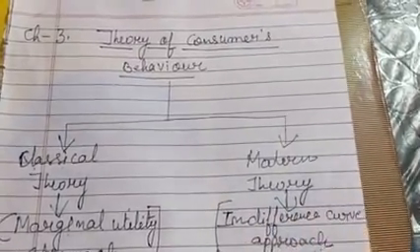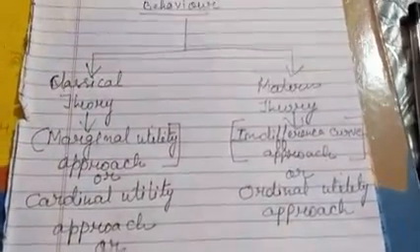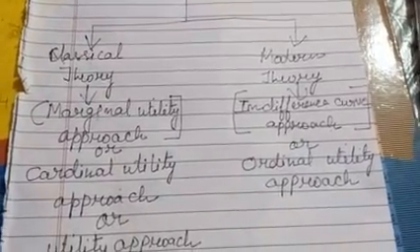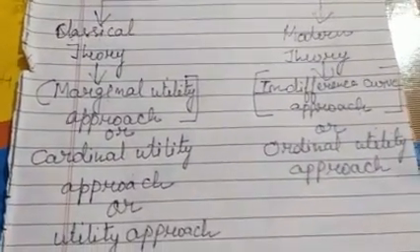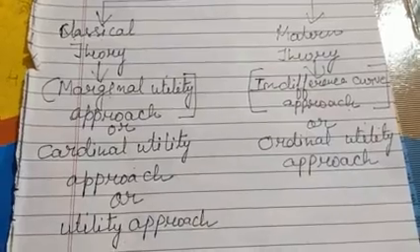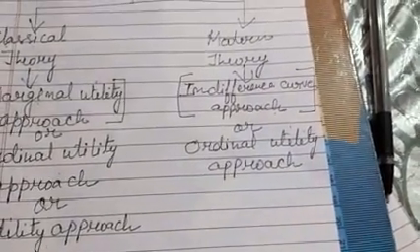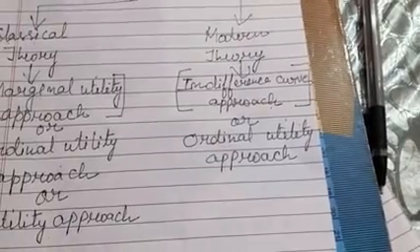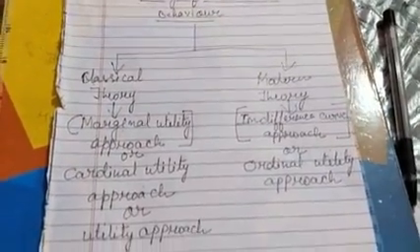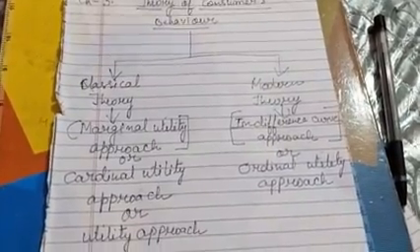One is the classical theory, given by the classical economists, and one is the modern theory, given by the modern economists. The classical theory is marginal utility approach, or cardinal utility approach, or utility approach. The modern theory is called indifference curve approach or ordinal utility approach. These are the two theories that we need to study in chapter number 3.